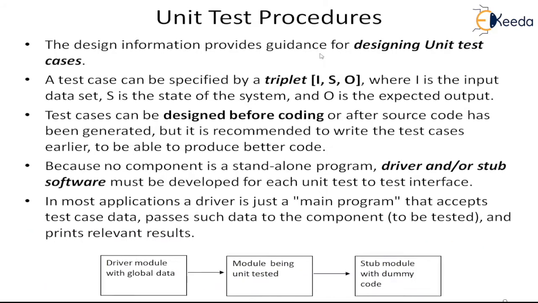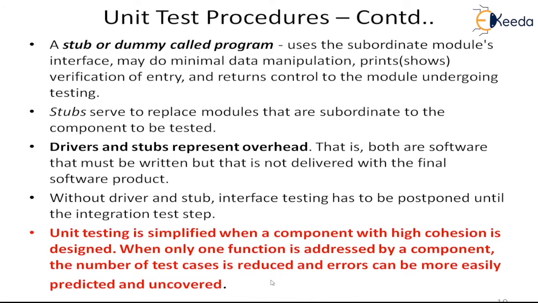So here we have seen, in most applications, a driver is just a main program that accepts the test case data, passes such data to the component to be tested, and prints the relevant results. Unless it prints the relevant results, we will not know that the data has been passed correctly. How will the stub be written?